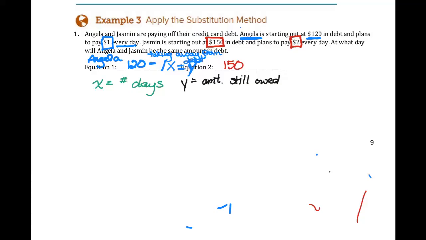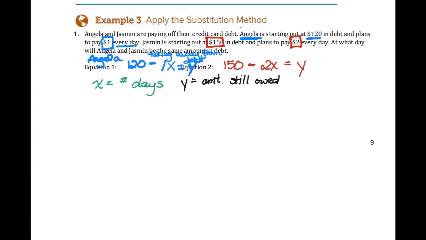She's going to pay $2. And again, as she's paying that down, it's taking away from her total debt. So how might I represent that? Okay, so it's going to be minus 2x because she's doing $2 every day, and that's going to be equal to y. So as she's paying down this debt, y is the amount that she still owes overall.